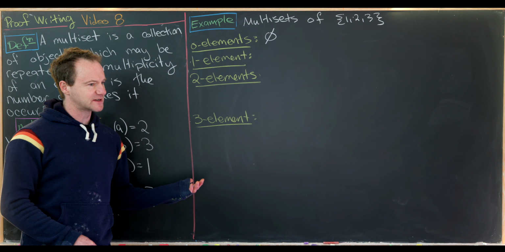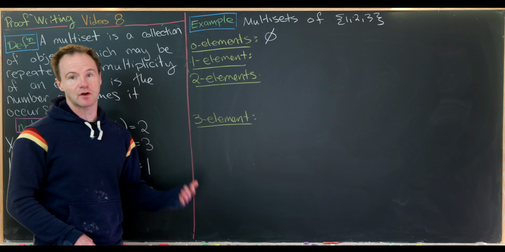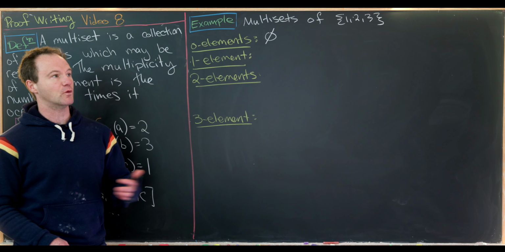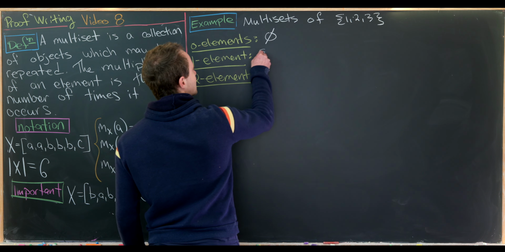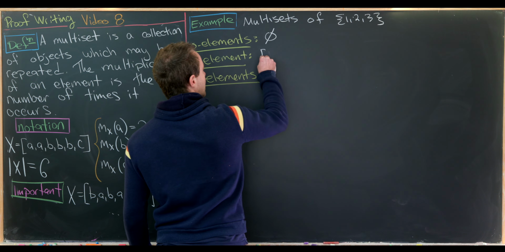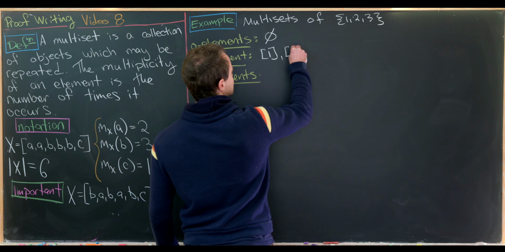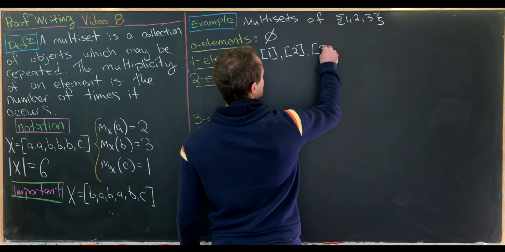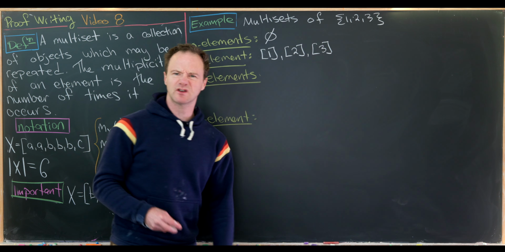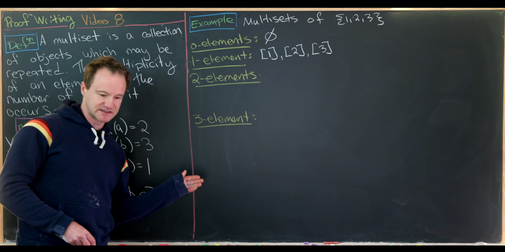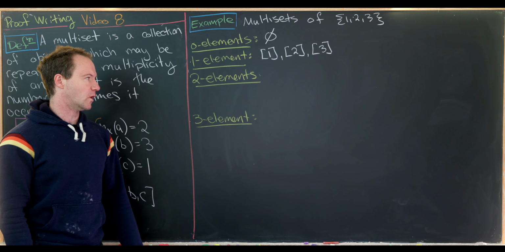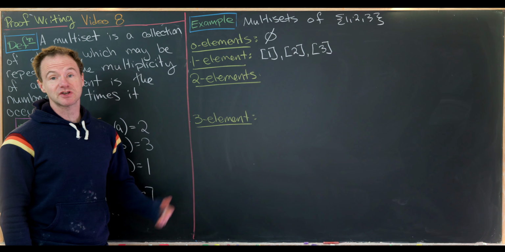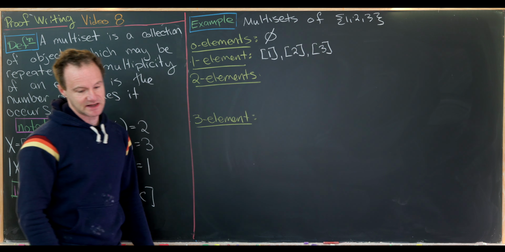Well, 1-element multisets are just singletons, just like 1-element sets. If you only have one element, there's no opportunity for repetition. So here we would have the multiset 1, the multiset 2, and the multiset 3. Of course, we could write that in curly braces because multisets and sets are the same when they have either 0 or 1 element.